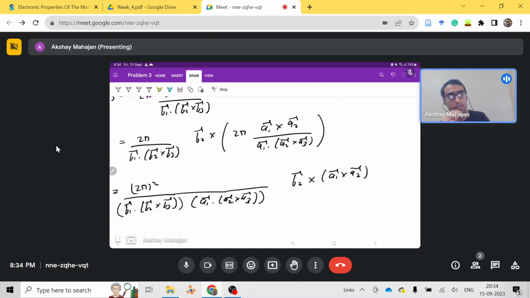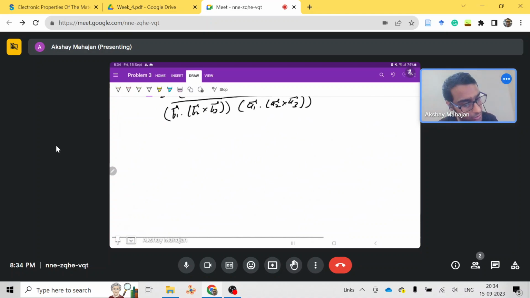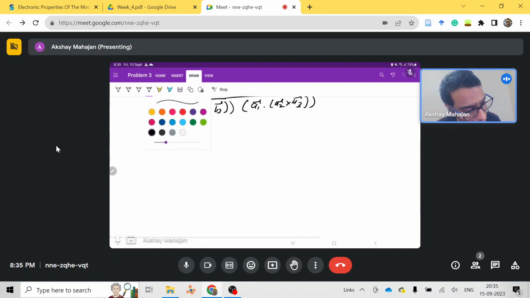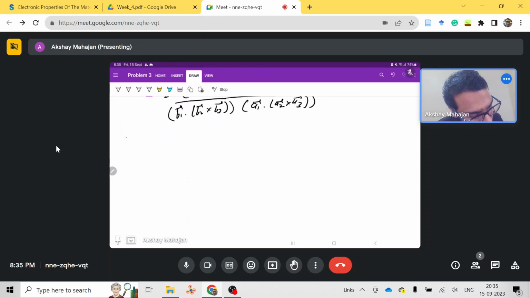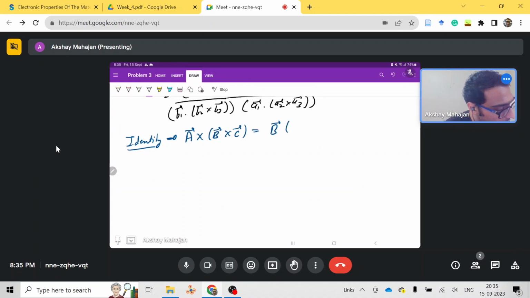Now to solve this triple cross product, we again need to know an identity, and this identity this time is given in the question as well. So the identity that we are going to use is a vector cross b vector cross c vector, that is given as b vector times a vector dot c vector minus c vector times a vector dot b vector.